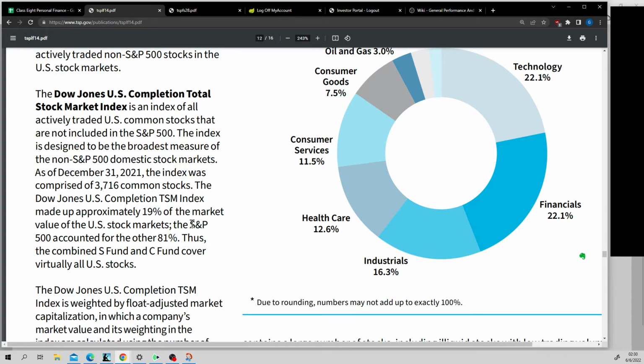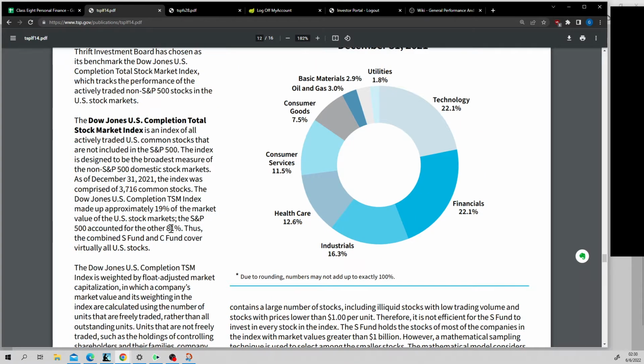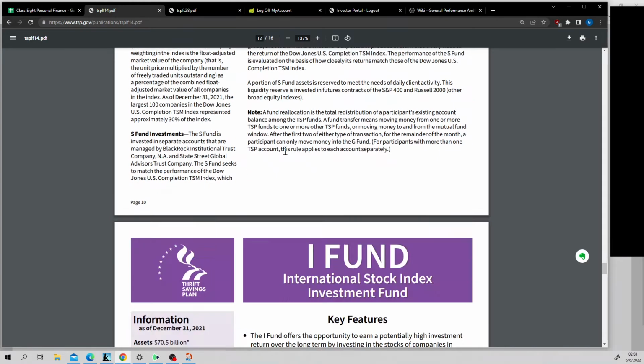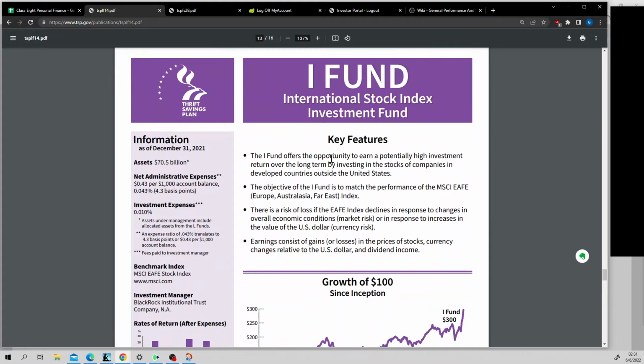Keep it simple. 80-20 is much easier math. And this is going to swing around. I've seen this go 83-17 at one point, and I was trying to be really pedantic about it. Just go 80-20 and call it a day in terms of what you do with the C fund and the S fund alone.